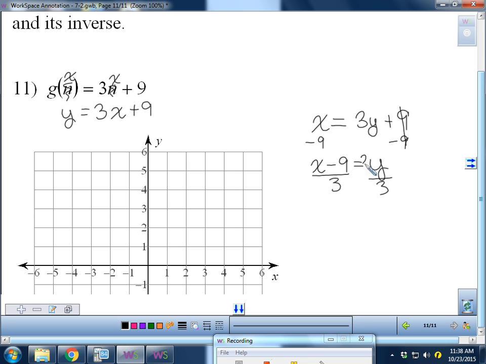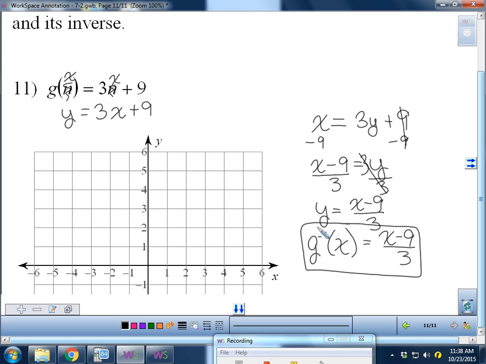Oh, I forgot my 3 right there, didn't I? Divide by 3 both sides. I get y equals x minus 9 divided by 3. And my last step is to replace that with g inverse of x. I finally remembered, didn't I? Equals x minus 9 over 3.